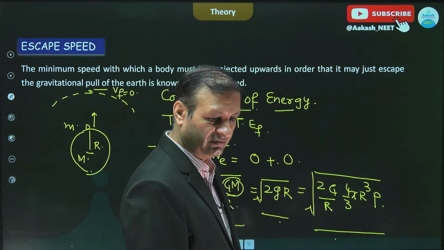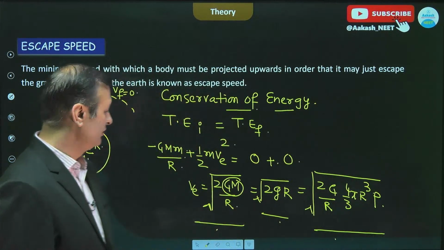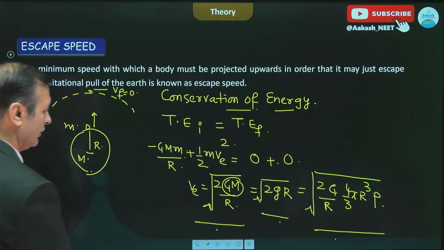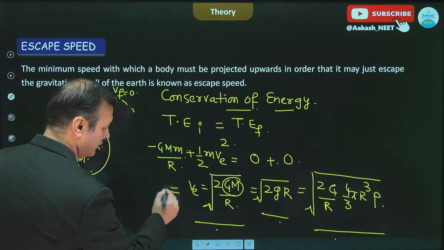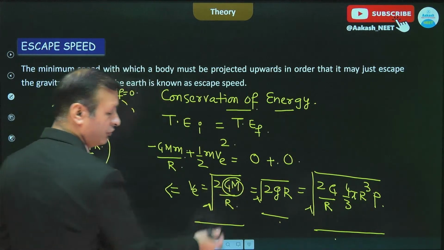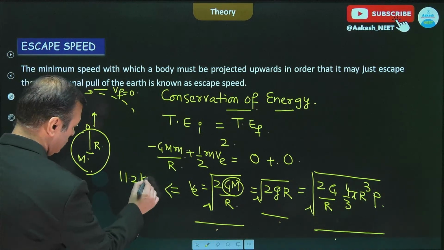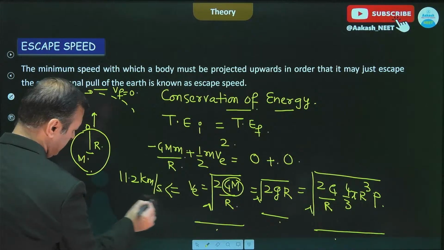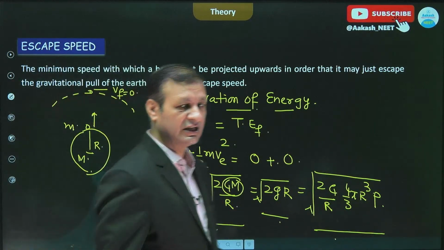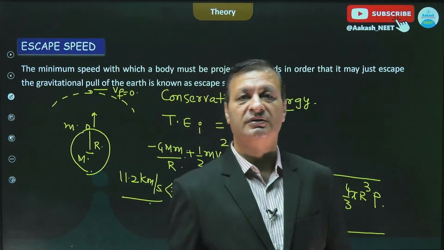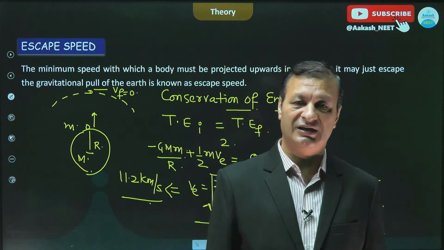Yes, this is Srijan and Raj Gupta. They have given me the option also. From the surface of Earth, when you put all the numerical values for all these constants, that means 11.2 kilometer per second, and that is the escape speed from the surface of Earth.